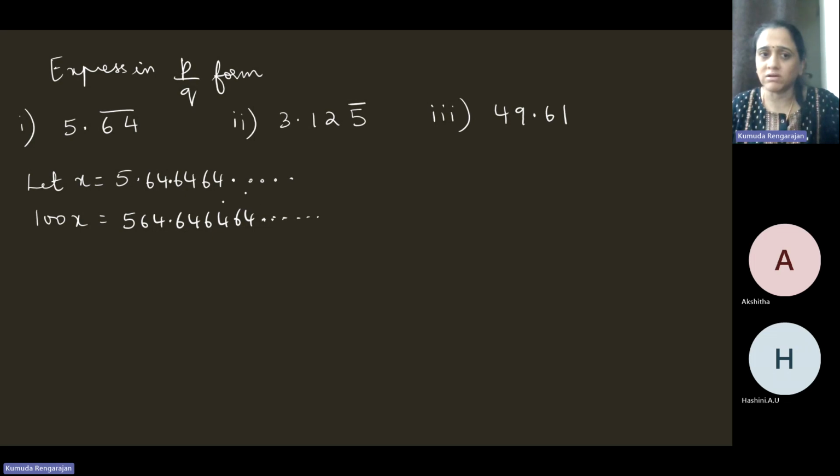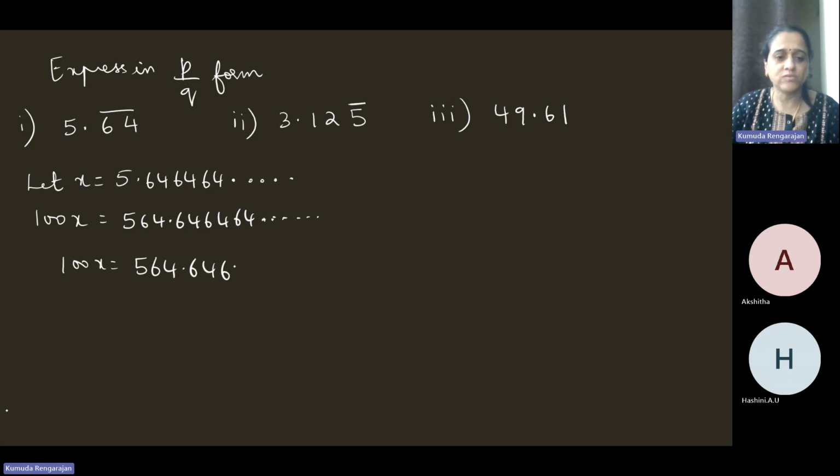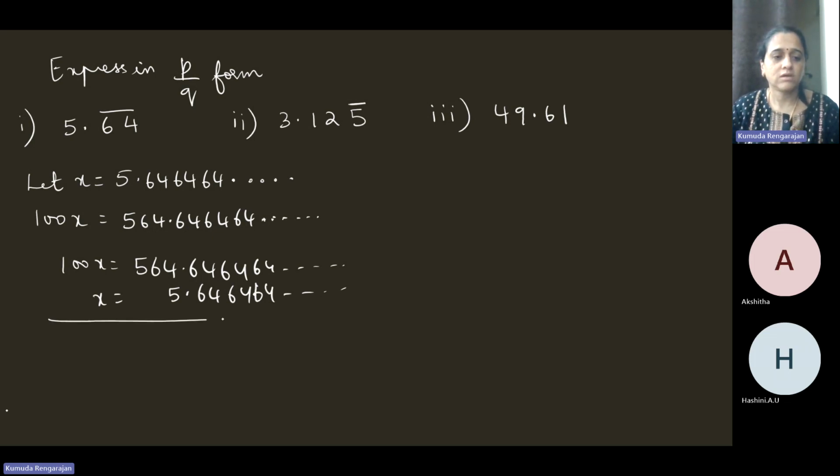You can put as many 64s as you want. Now you must subtract these two. So 100x is equal to 564.646464, and x is equal to 5.646464. Write the two equations one below the other, 100x first and then x, and then subtract. 100x minus x is 99x.